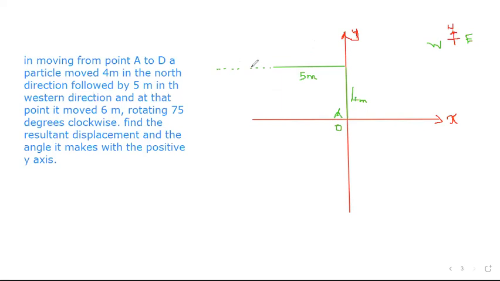So let's say we have a 0 here. 75 degrees, it's rising. So at this point, this is 90. So 75, it has to be along this line, of 6 meters at an angle 75 degrees.